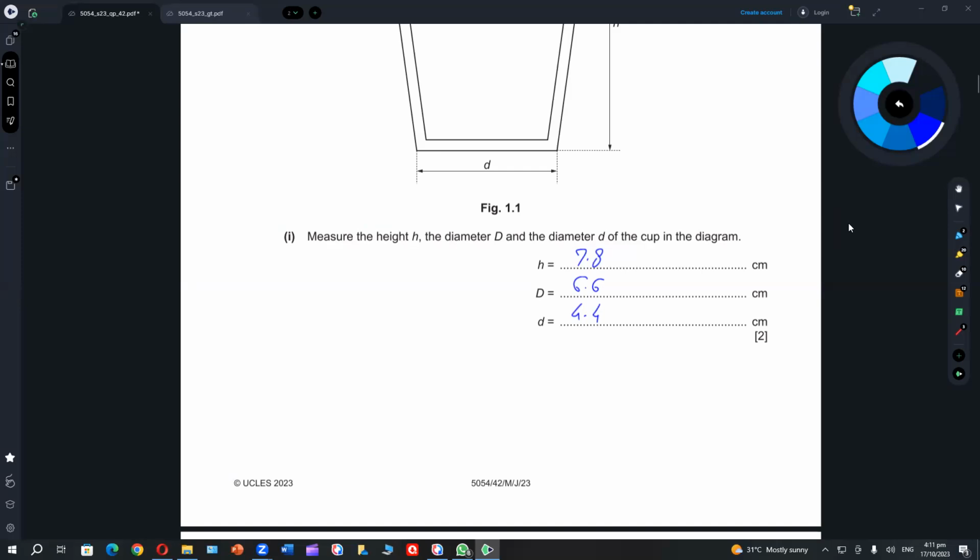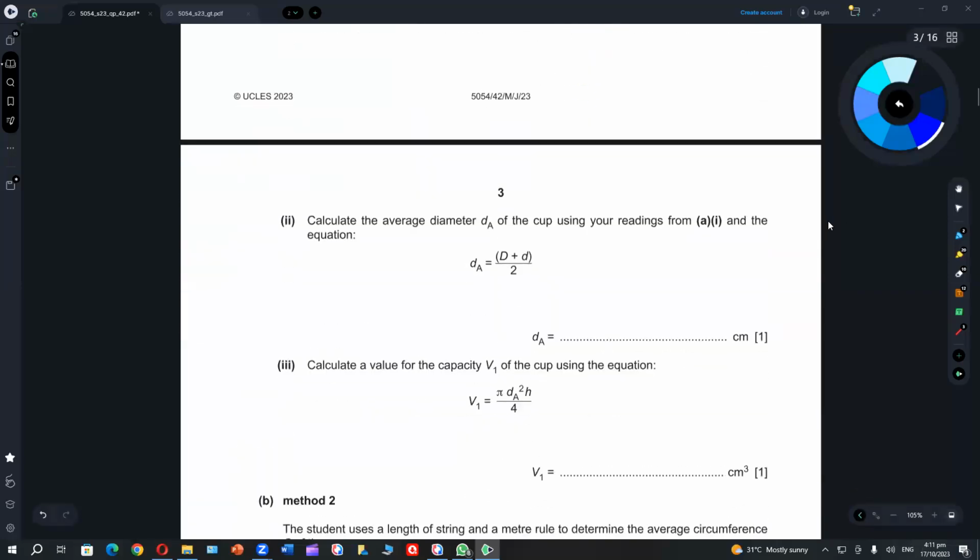Measure the height h, the diameter D, and the diameter d of the cup. So we have mentioned our values.